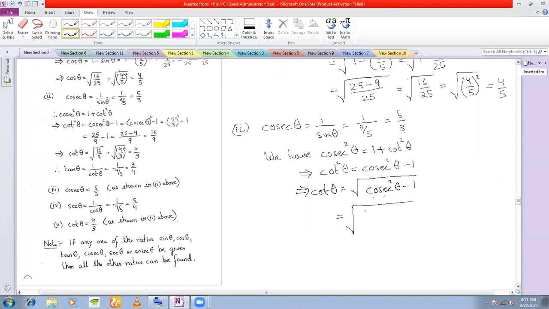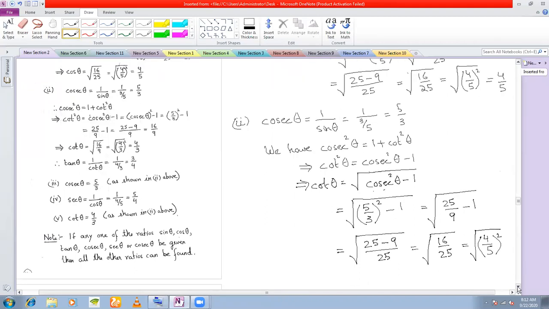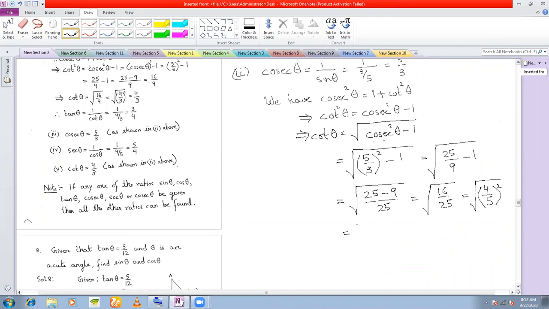Cosec theta, the value is 5 by 3, which is square root of 25 by 9 minus 1, which is square root of 25 minus 9 by 9, which is square root of 16 by 25, 4 by 5 square, which is simply 4 by 5.